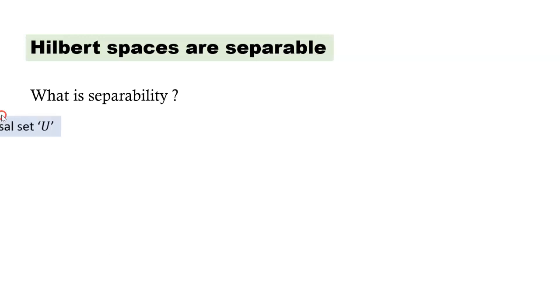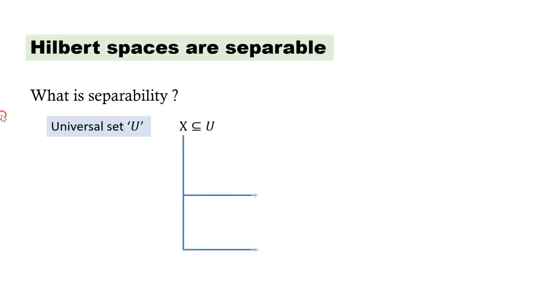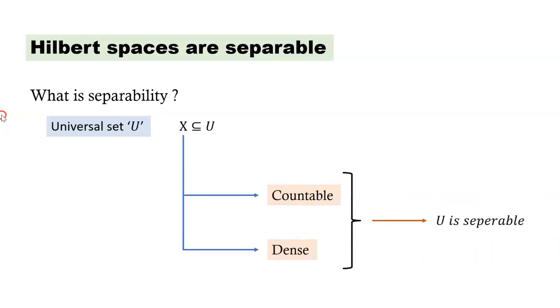Suppose we have a universal set capital U and I have its subset capital X. Then if the subset X is countable and dense, we say that U is separable. Note here that you should have a subset of a particular set to be countable and dense to call that particular set separable. For example, here if X is a countable and dense subset of U, that means U is separable.